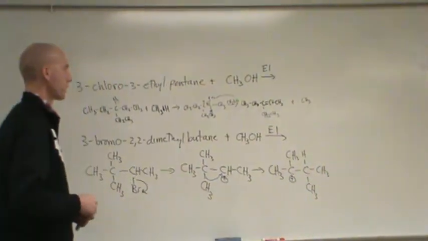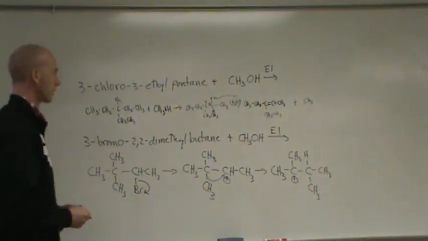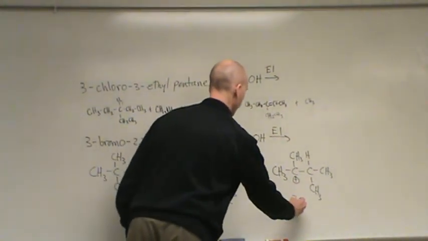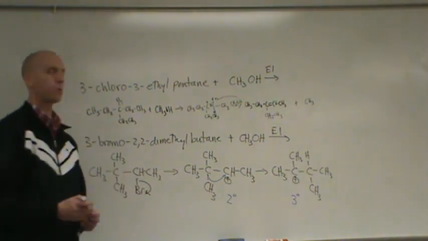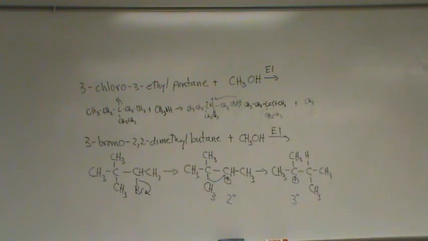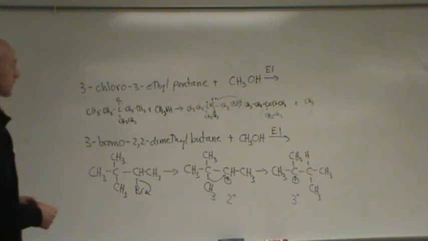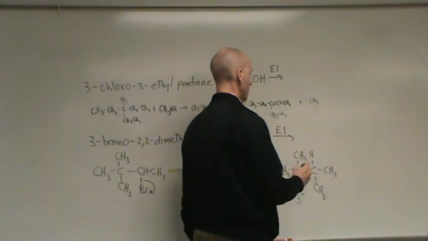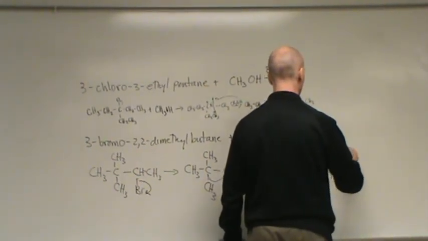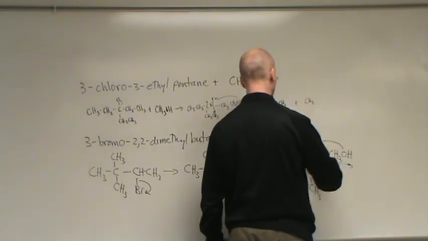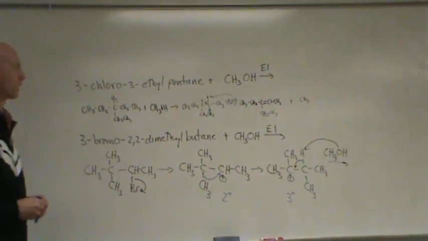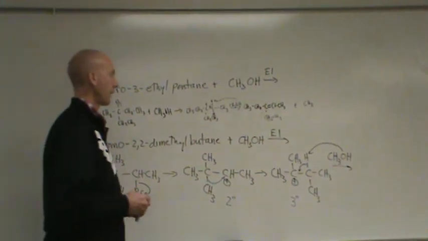Now give me tertiary. Okay, so here it's secondary. And now I'm more stable at tertiary. And then lastly, I can do the attack at the beta hydrogen and form the alkene.